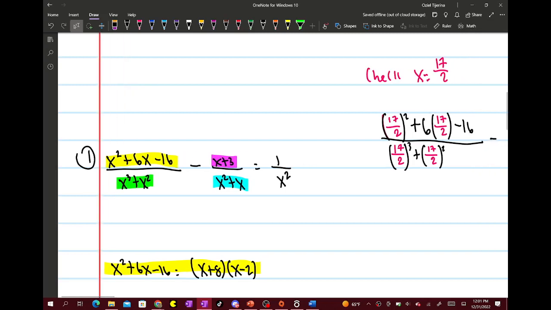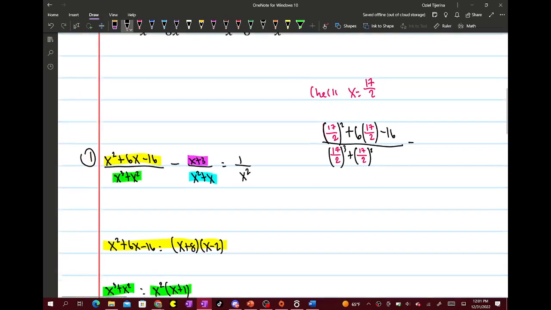For example, if 17 over 2 made the denominator undefined, then obviously it wouldn't work. So basically what I'm trying to say is that 17 over 2 would be a solution.